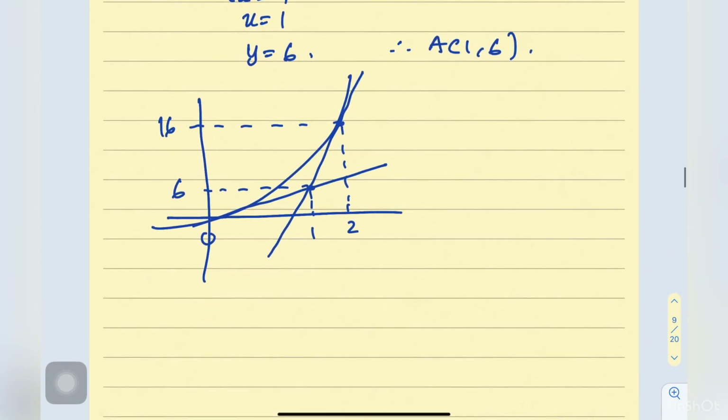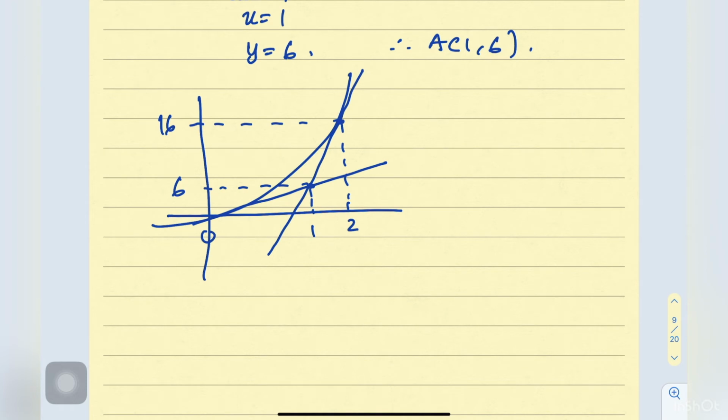To find the enclosed area, meaning that you are going to find this shaded region. To find the shaded region, we use area under the graph.